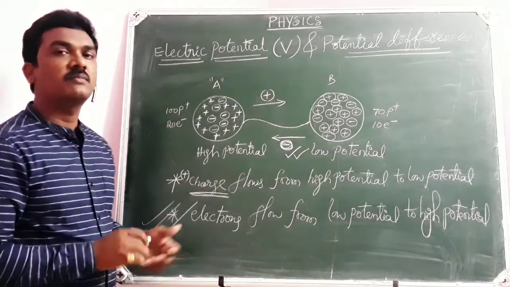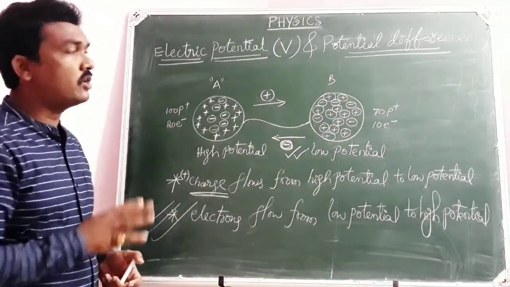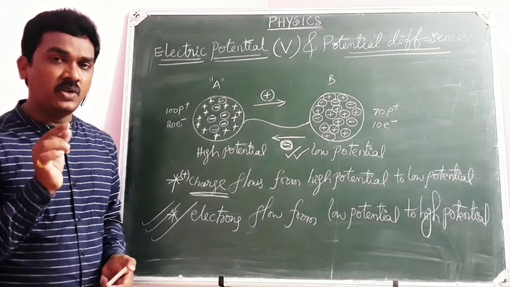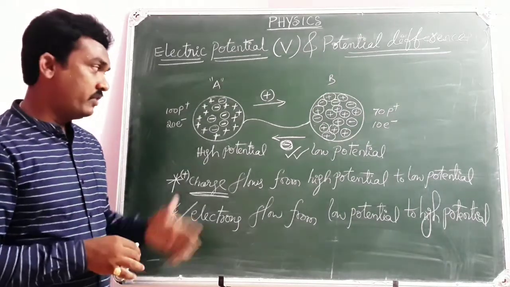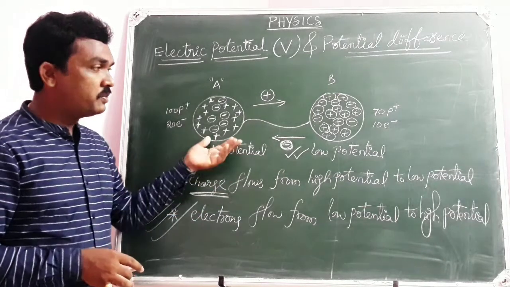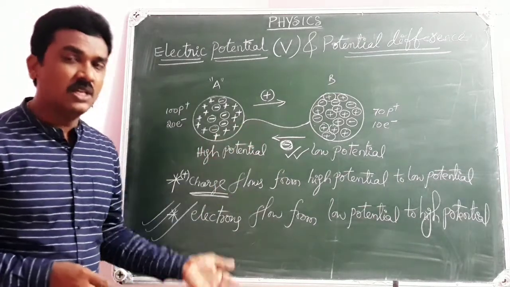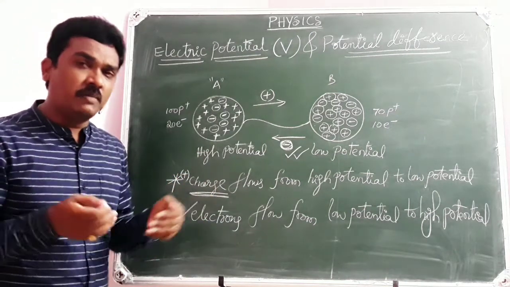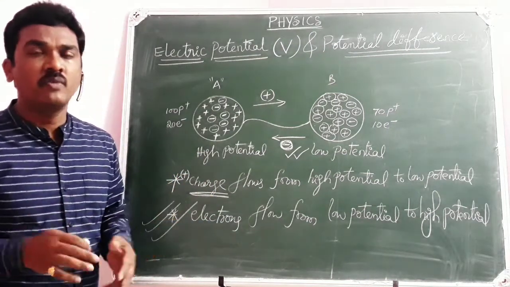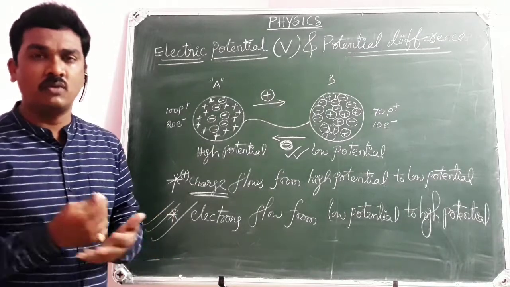This is the theoretical part. This is all for today's class, in which we concentrated on the concept of electric potential and potential difference, and in what way the potential difference between two points causes a charge flow. If there is no potential difference between two points connected by a conducting wire, then no charge flow. No potential difference, no charge flow.